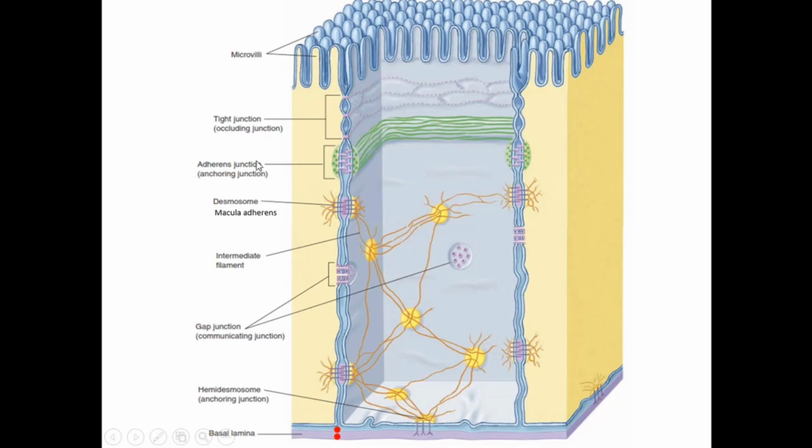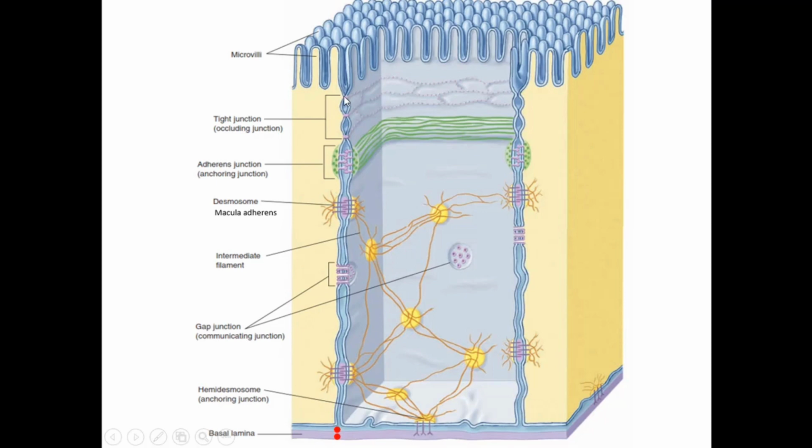Then we have an adherent junction, and then a desmosome and also a gap junction. The tight junctions and adherent junctions are zonulae, like a belt completely circling the epithelial cells. But the desmosome and gap junction are like a spot, like a block attaching the two cells together.